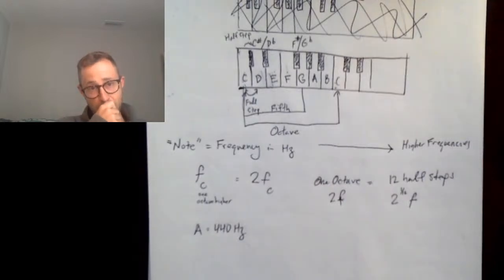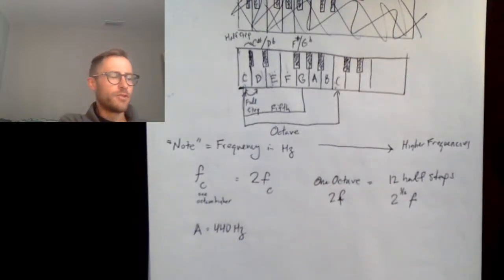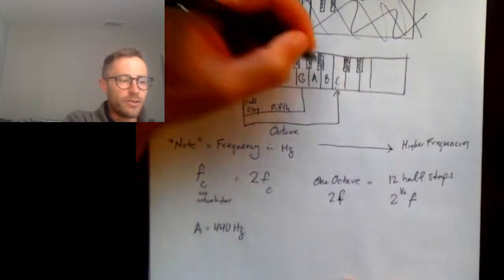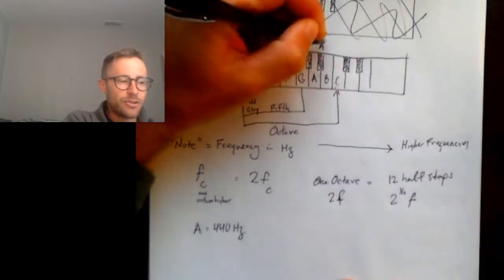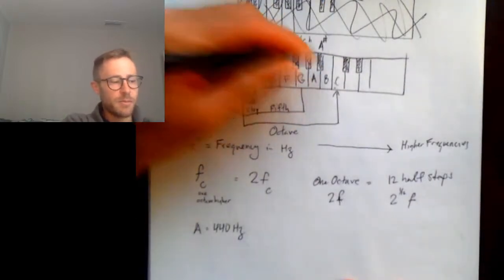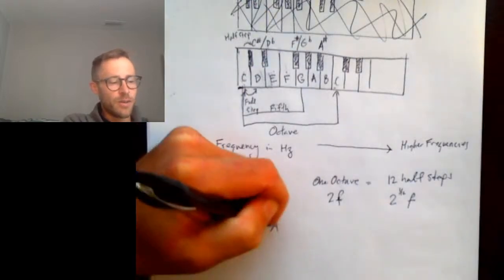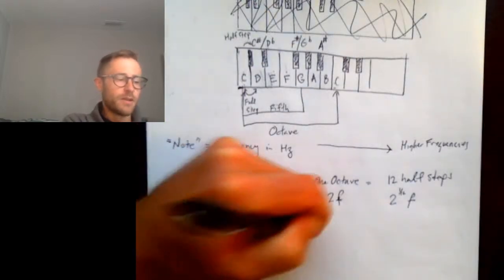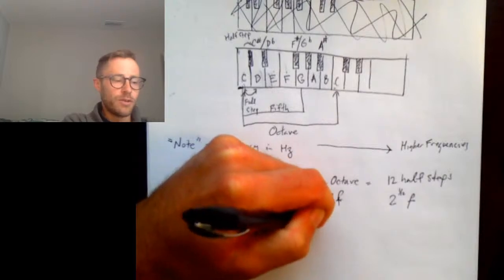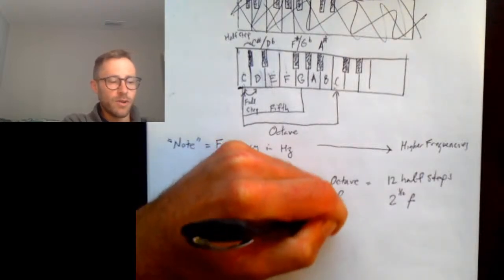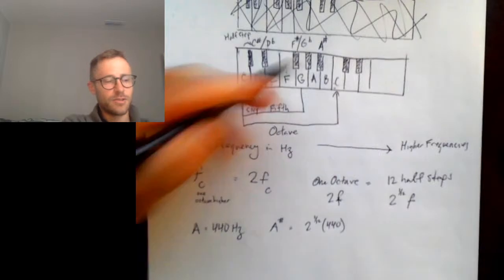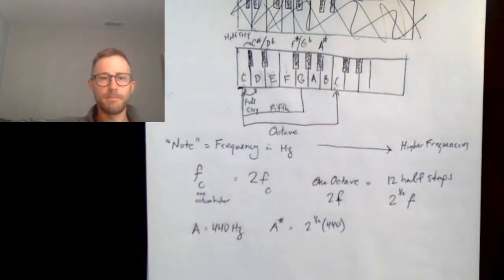That's an A. So what if I wanted to know the frequency of A sharp, which is a half step up? Then A sharp would be 2 to the 1/12th times 440 hertz, because it's a half step up from that.